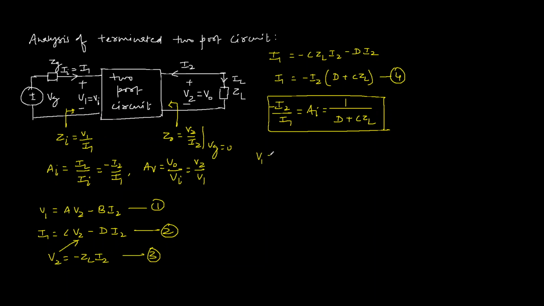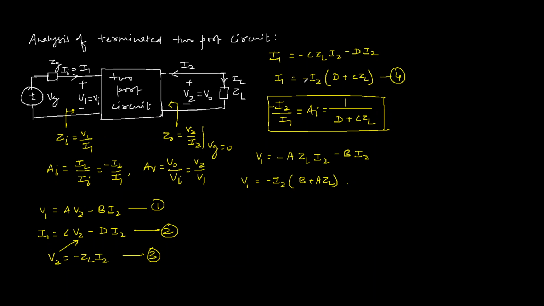So this is V1 equal to negative A ZL I2 then minus B I2. So V1 is negative I2 into B plus A ZL. And we know that minus I2 is I1 over D plus CZL from equation 4.